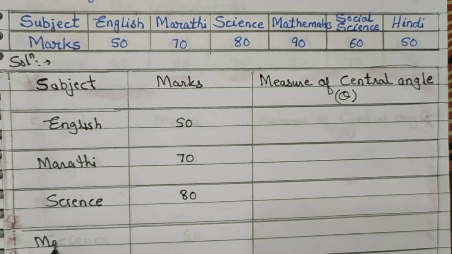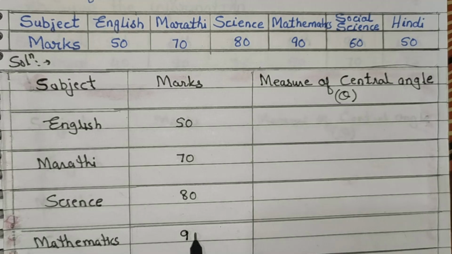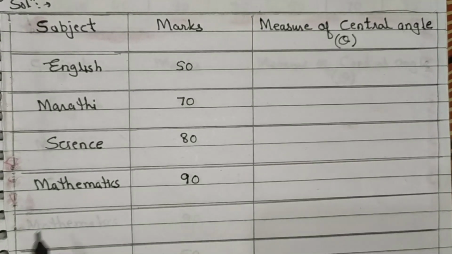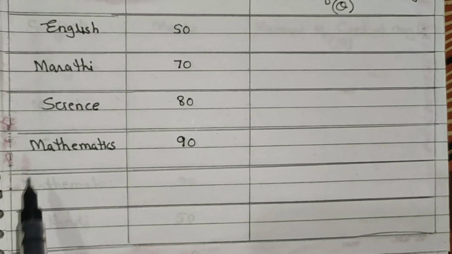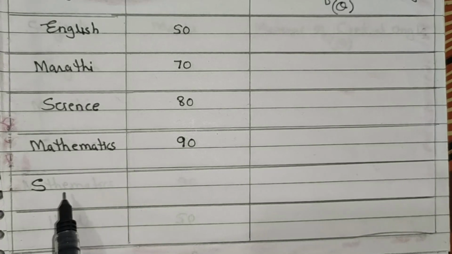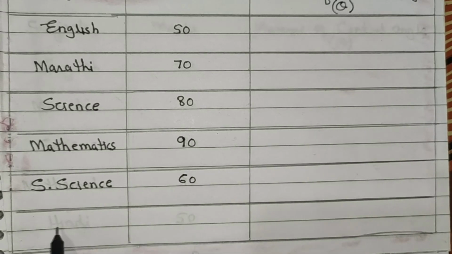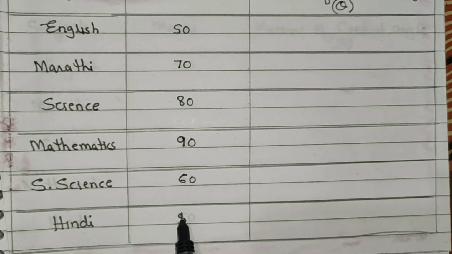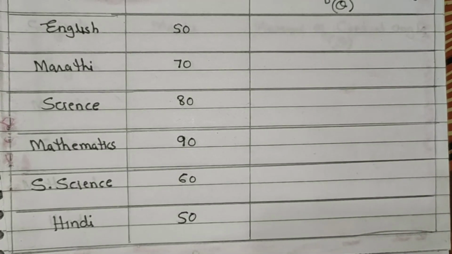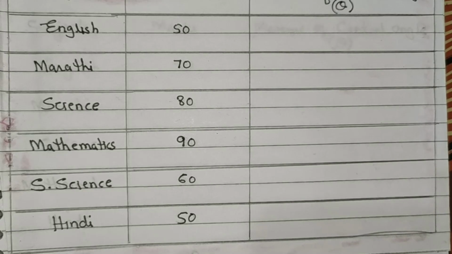Next one is mathematics, marks is 90. Then social science, marks is 60. And last one is Hindi, marks 50.